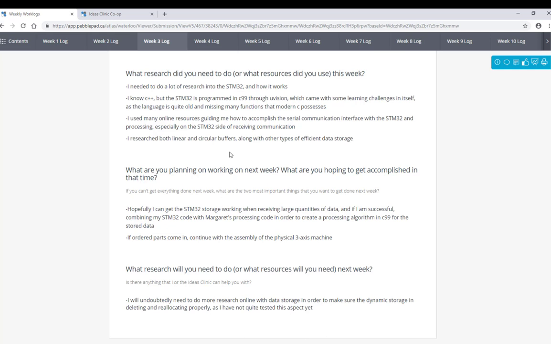So if they are working on, say, a computer design of a part or of a machine, they could upload a screenshot of what that design looks like. And again, it would be a nice way to see how that design has progressed over the 16-week work term. I'm hoping then, if they're capturing those screenshots, because they own that content, they'll have those to show future employers some of the work that they've done.